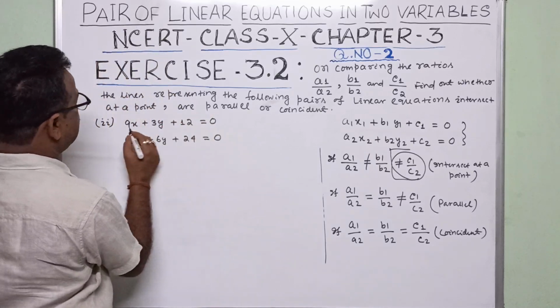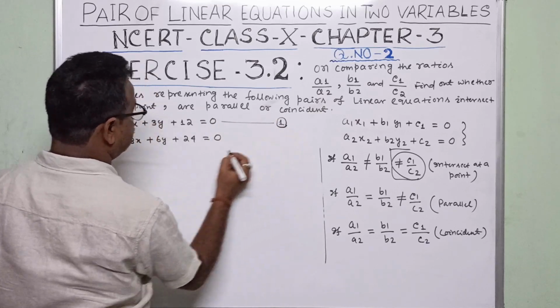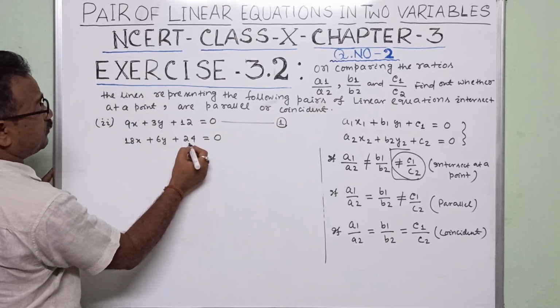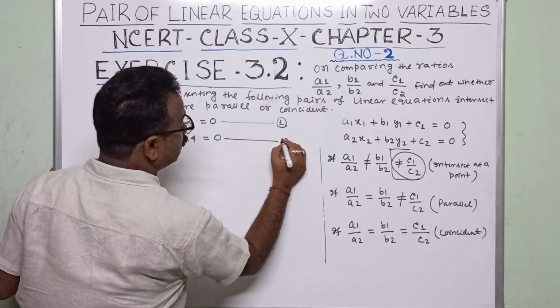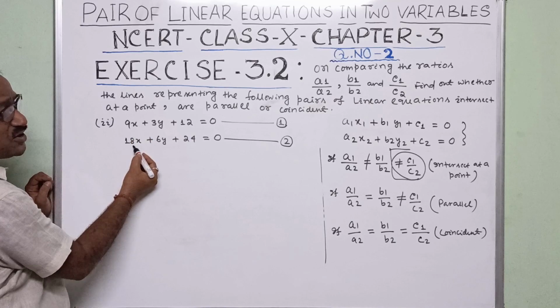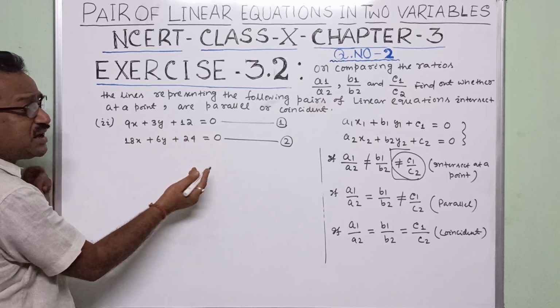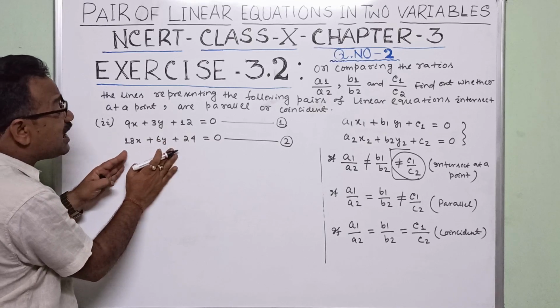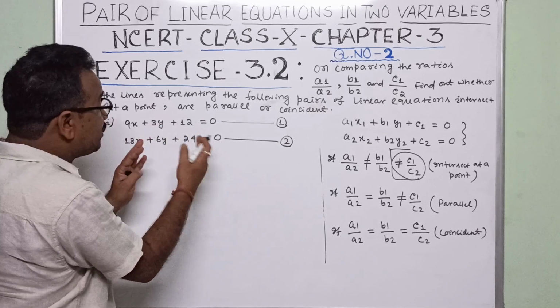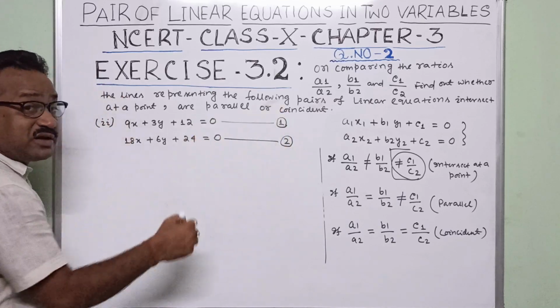Now we are given 9x plus 3y plus 12 is equal to 0, equation 1, and 18x plus 6y plus 24 is equal to 0, equation 2. Simply here I see one thing. 9x, 18x is double of it. 3y, 6y double of it. 12, 24 double of it. That means this is an equivalent equation; equation 1 multiplied by 2 gives equation 2.